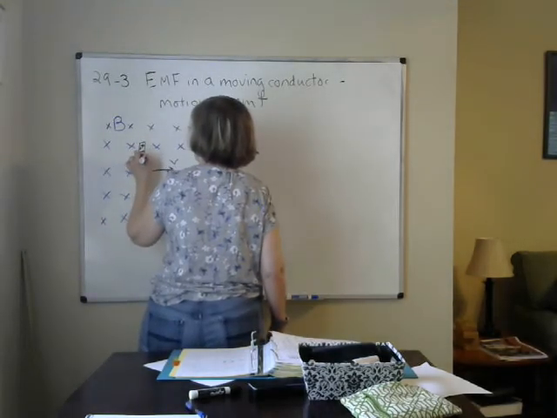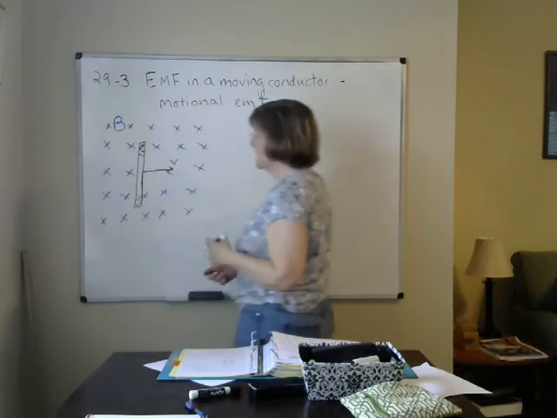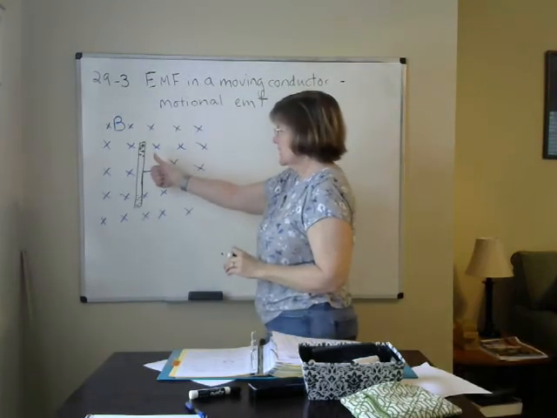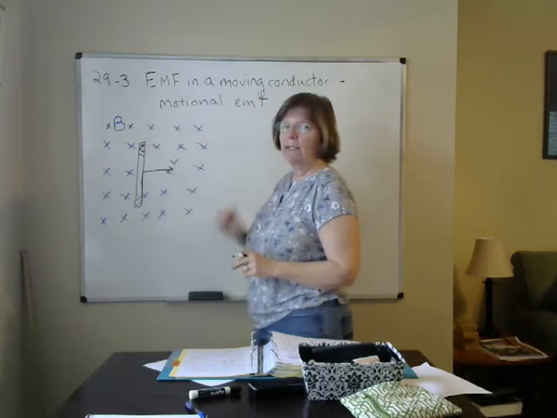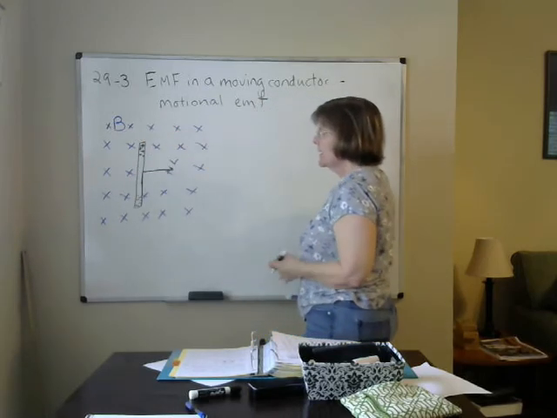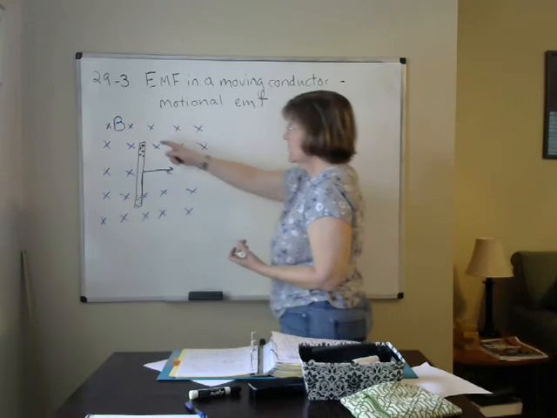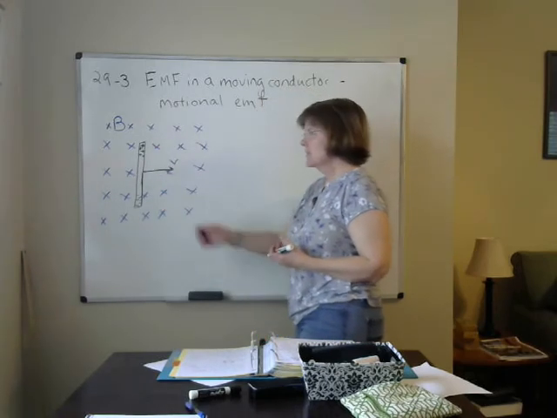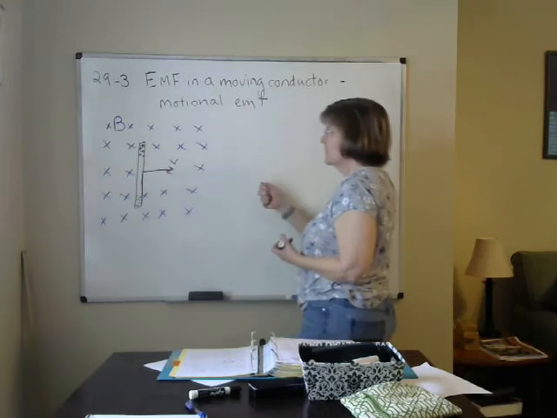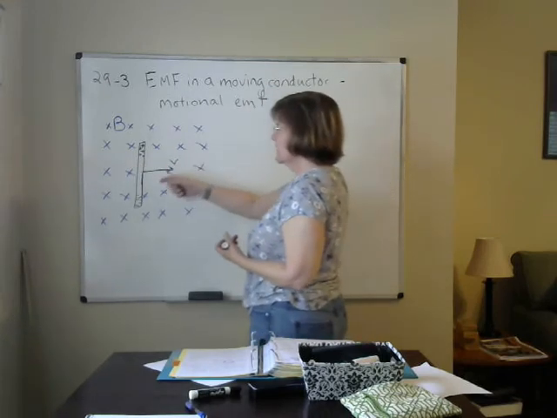You can pretend the positive charges move, they don't really. But the result is the same. If the negative charges all move to the bottom, this leaves this end with a net positive charge. It essentially has a potential difference between here and here, just like a battery. So simply by pulling this rod through like this, we can induce an EMF.